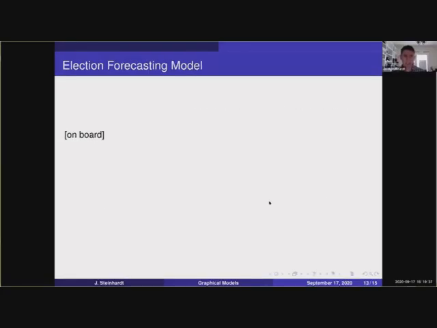Any other questions on this example? I think that was a good question: there are a lot of other sources of bias, so how do you know when you should stop modeling? That's a great question.